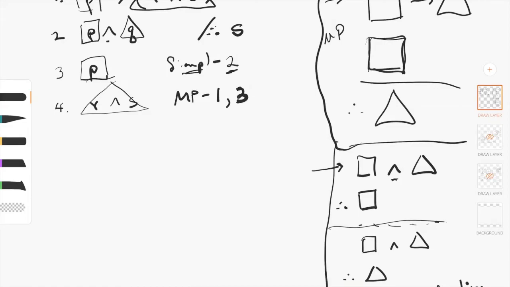So we write modus ponens 1 and 3, and that gives us the expression R and S. But notice, what we want to conclude is S. So when we look at line 4 and we see that the major operator is a conjunction, once again, it should spring to mind that simplification is one of our options among the axioms. And sure enough, there's a version of simplification that's perfectly suited to the purpose here.